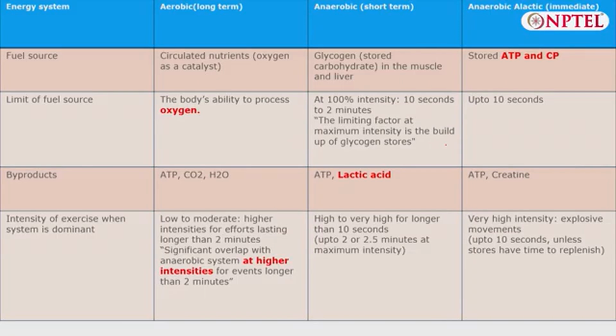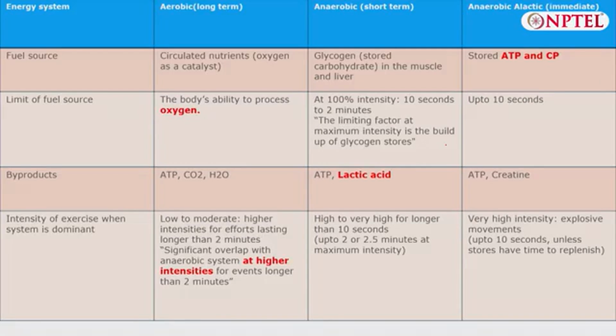Here there are three systems which are clearly and distinguishably shown. The fuel source, circulating nutrient. The first is the aerobic, circulating nutrient, oxygen as a catalyst.